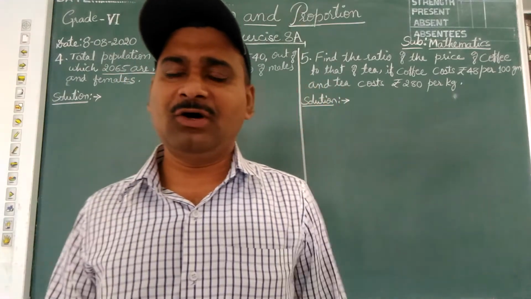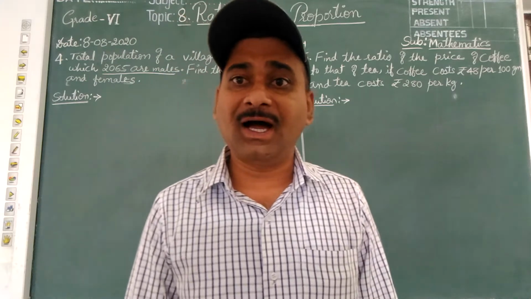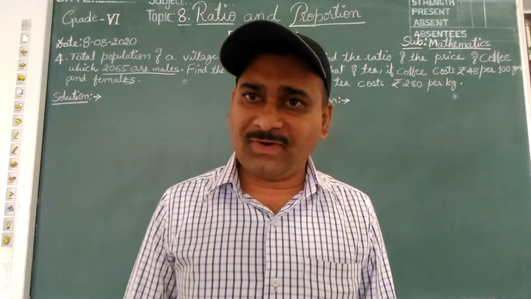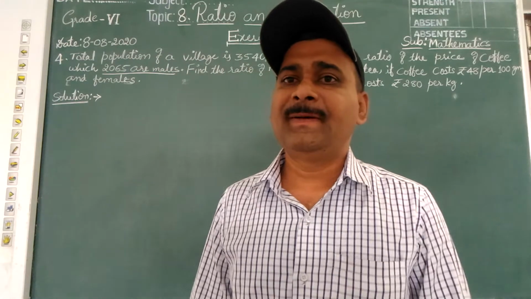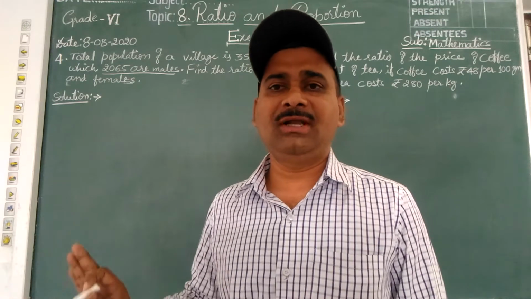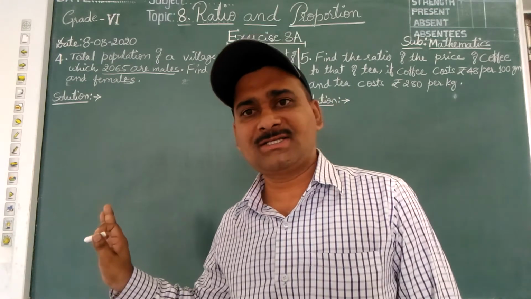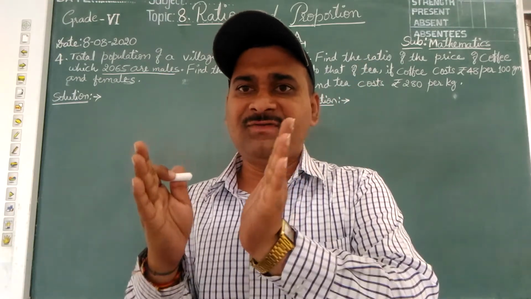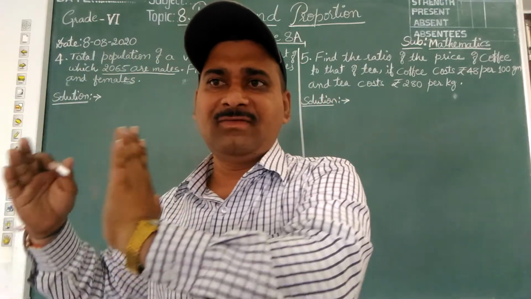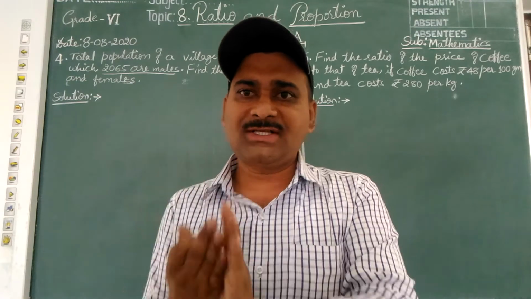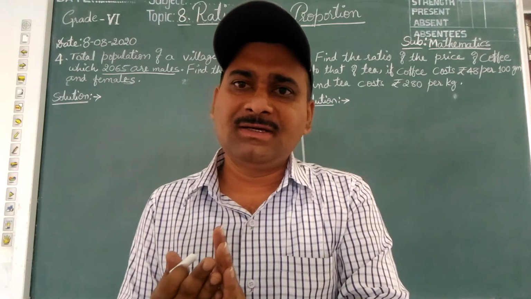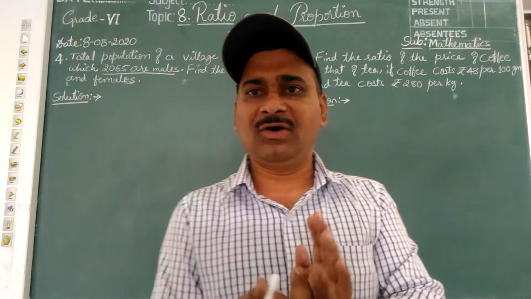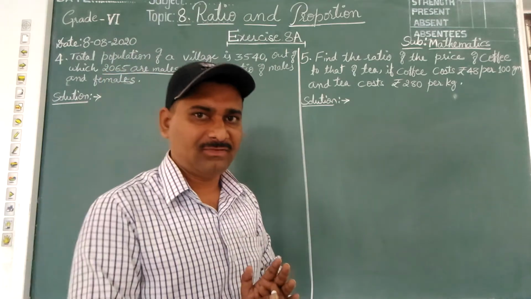But we can find out how many number of females. How? We can find out number of females by subtracting number of males from total population. Once we get number of females, after that we can find out the ratio of males and females.